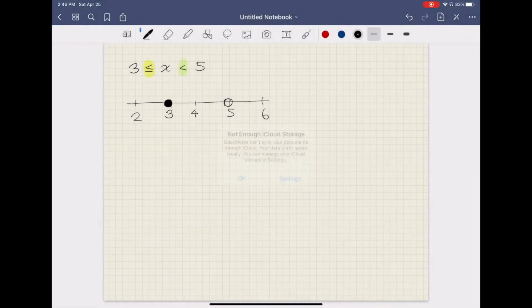Now notice that x is between 3 and 5. So we'll just use a line and connect those 2 points. We don't have arrows anymore because an arrow just means it goes on forever. But in this example, x is in between the 2 numbers. So just use a line and connect those 2 points.